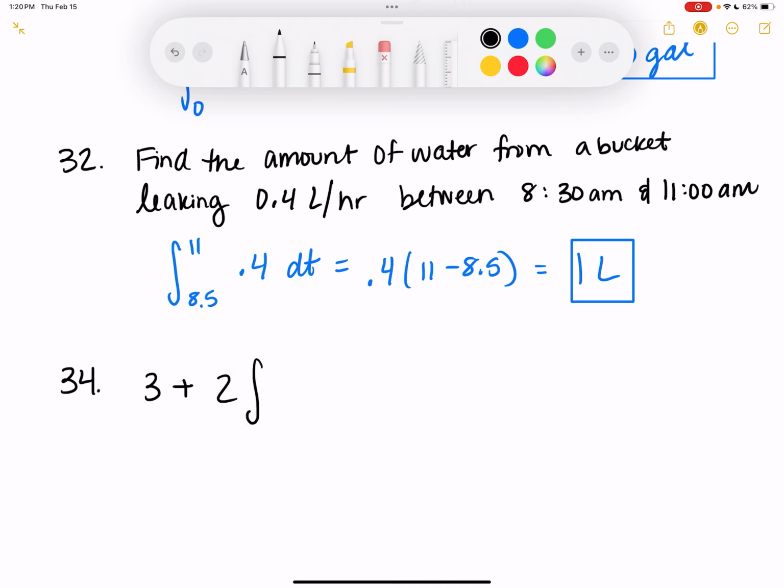All right, 3 plus 2, integral from 0 to pi over 3 of the tangent of x dx. Now, do you know what trig function, if you take the derivative of it, gives you tangent?